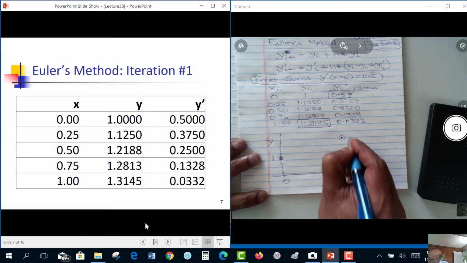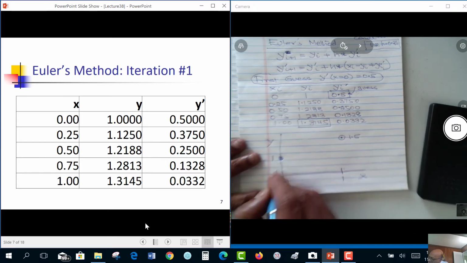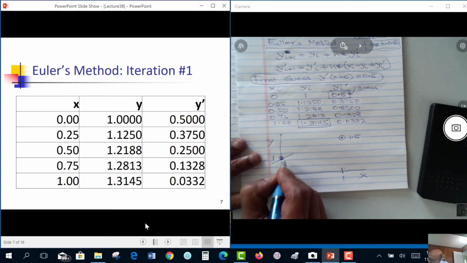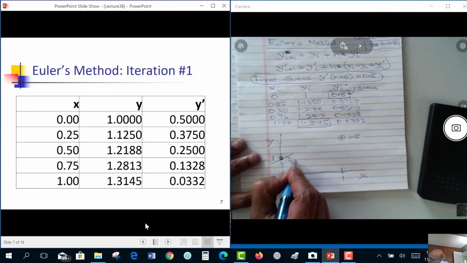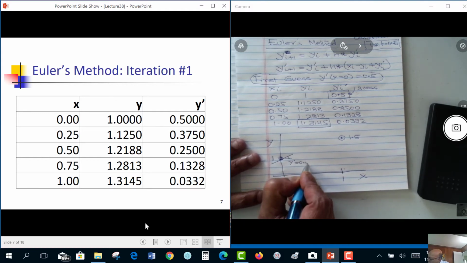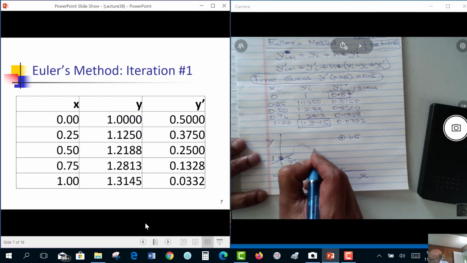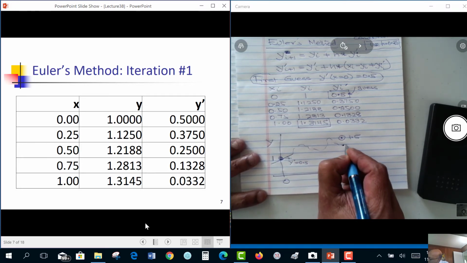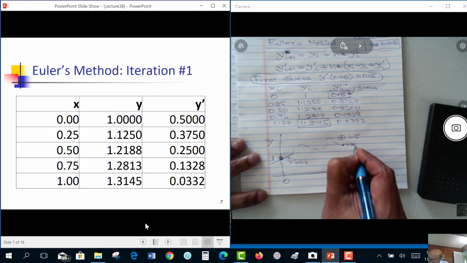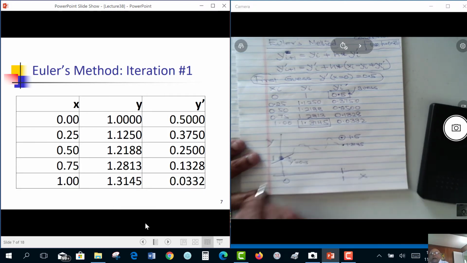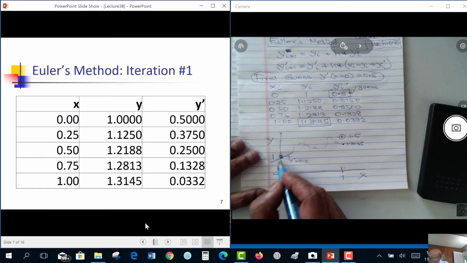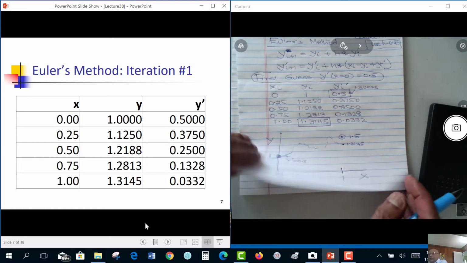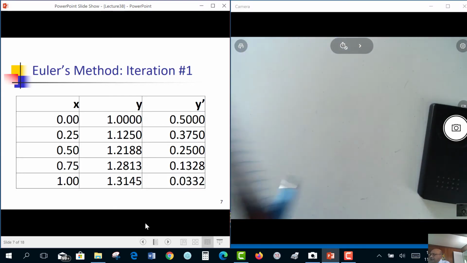This is what we want to shoot, 1.5. So we put our rifle at a slope of 0.5. Our bullet traveled and it hit 1.3145. So now what we want to do is raise our slope. So let's make our second guess.